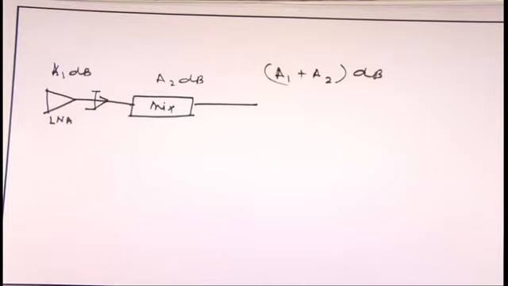So, think of it, while I am characterizing the LNA, I can always down convert it by a mixer inside the chip itself and get the down converted output, and then I characterize both of them. So, you understand the trick.